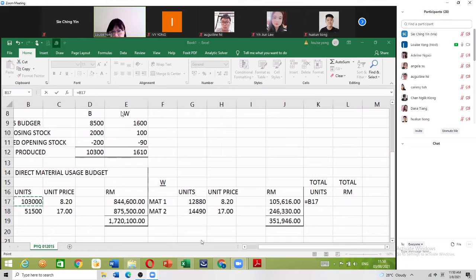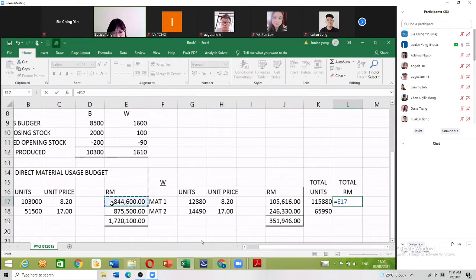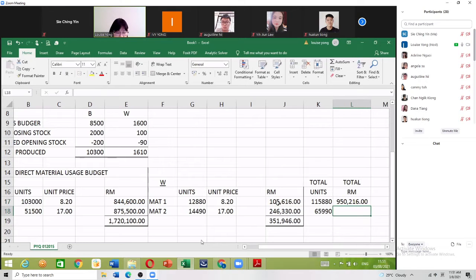So what will be your total units? Okay, so 103 plus 12880, okay, so 115. Then after that this one, 65990, total RM. Okay, so B's plus W's. Okay, then after that the same, then after that total up.